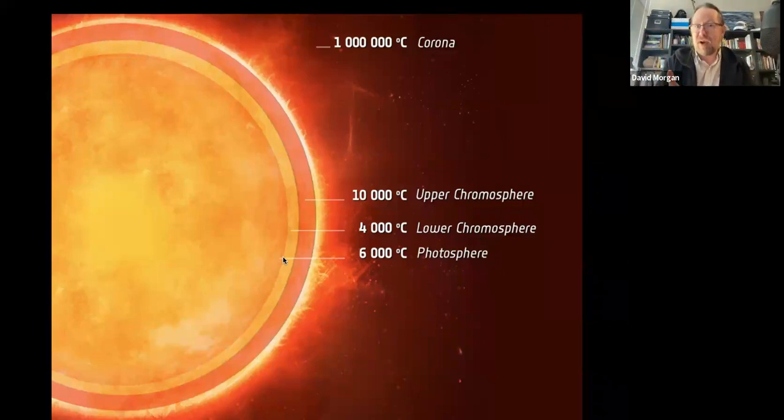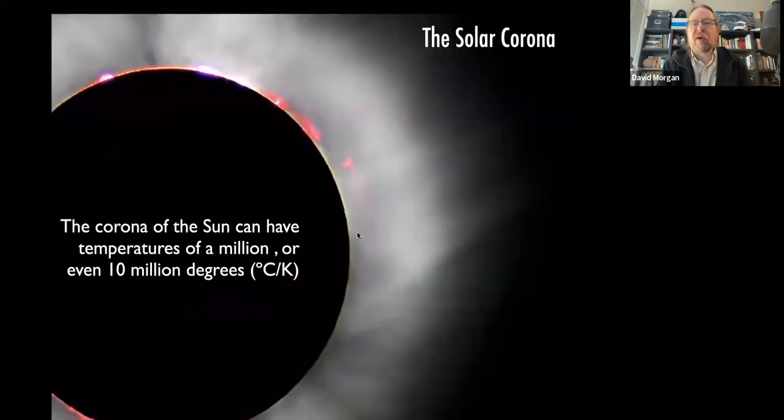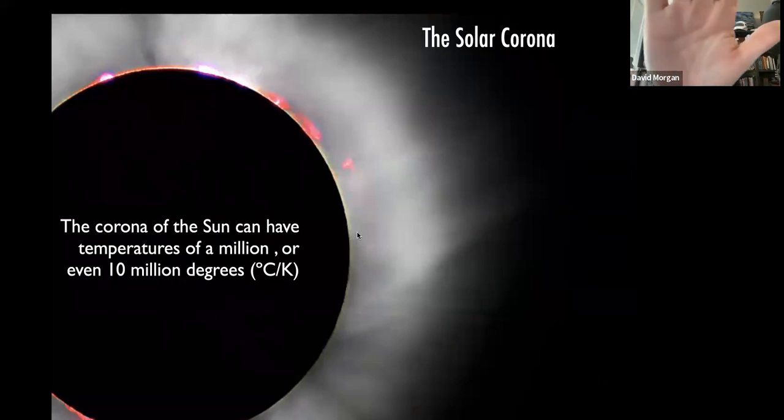And that's the point we call the photosphere. The atmosphere of transparent gas surrounding that is called the chromosphere. And the thin envelope of gas that extends millions of miles out into space is called the corona. The corona is the part of the sun that you see during a total solar eclipse, when the moon blocks the sun and we can see the light of the sun coming around the moon. That is the light of the corona.